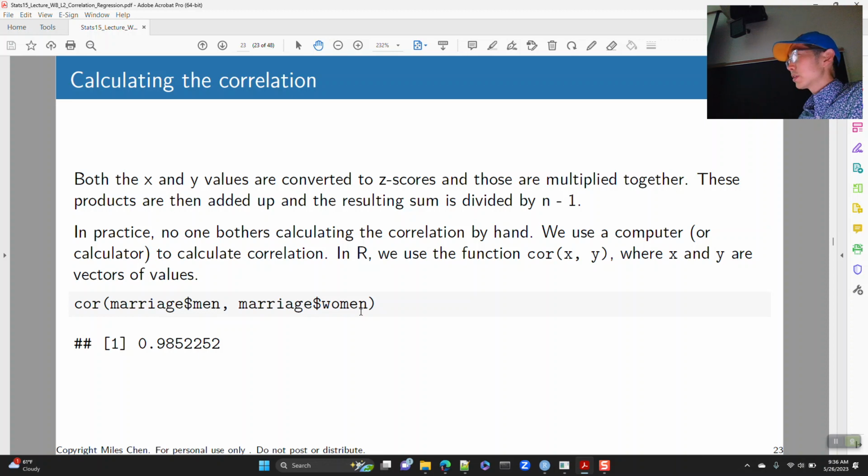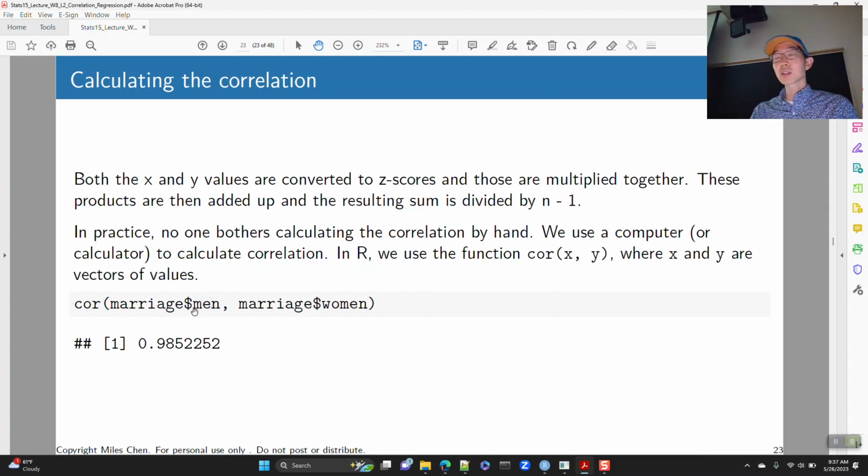How do we go about calculating correlation? There is a formula. We're not going to bother learning that formula by hand. Normally we just go to the computer and we just say, give me the correlation. You have your data, and you can pull a column, or you can designate a column using the $ notation.